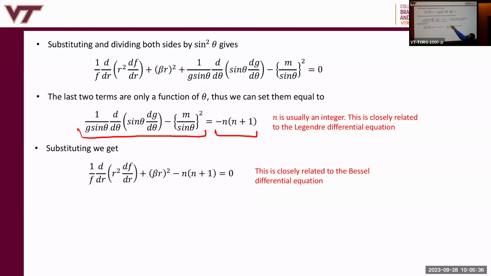So n is usually an integer. This is closely related to the Legendre differential equation. This one you're going to solve in your homework. Derive it and solve it. It's all here though. Substituting in this separation constant for all of this over here, we get this differential equation, and this is closely related to Bessel's differential equation, slightly different.